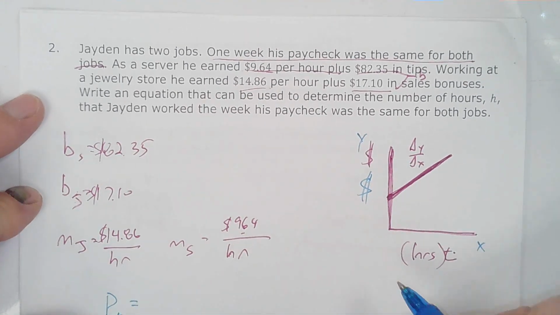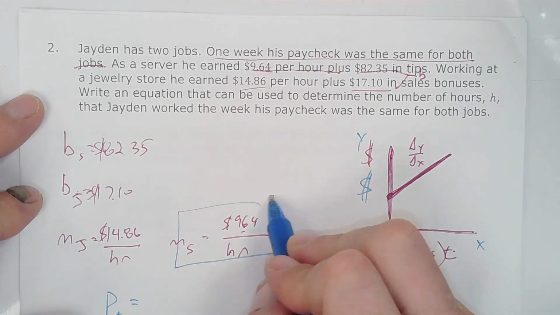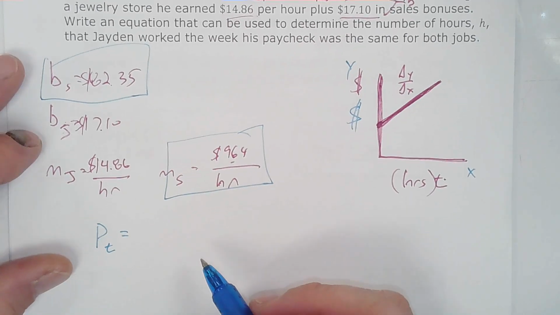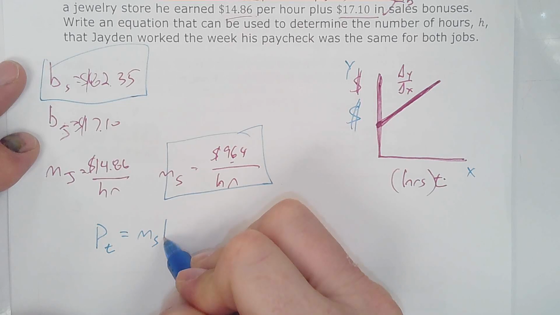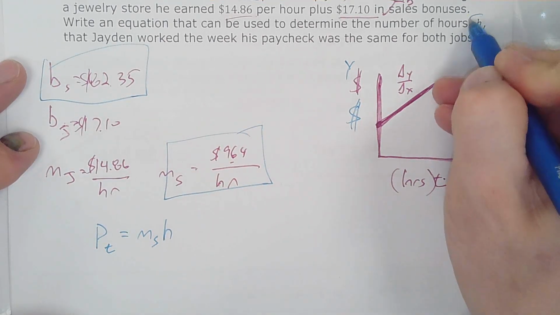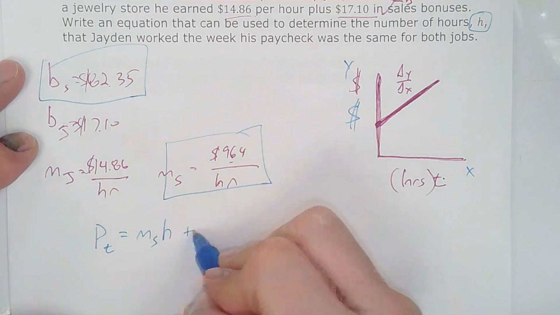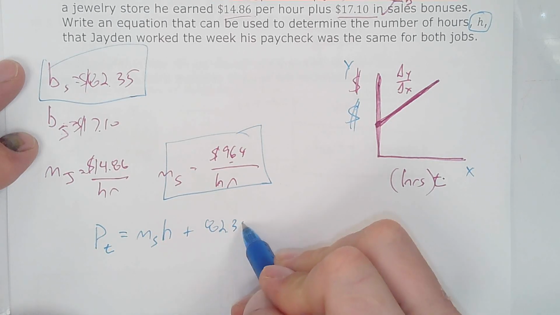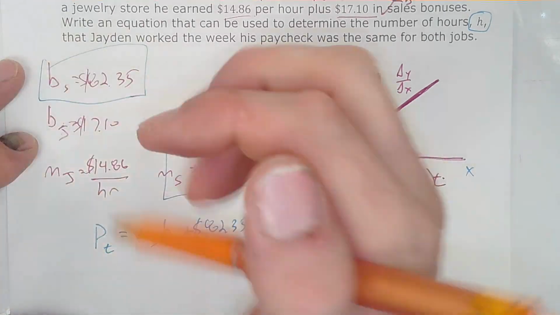Pay total equals my slope for my server times the number of hours, H is hours, plus whatever kicker I get. So that was plus 82.35.